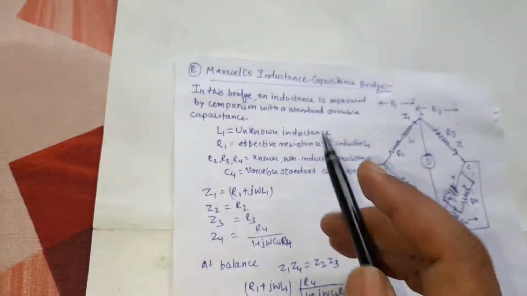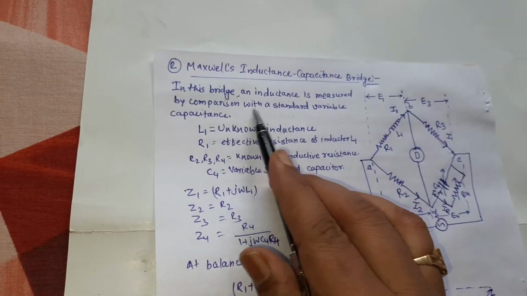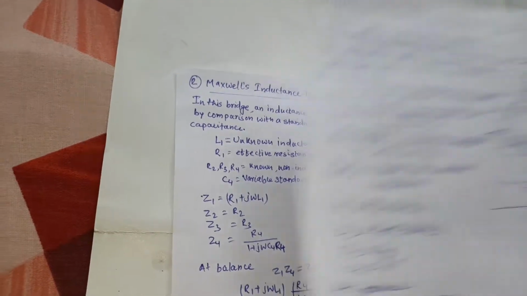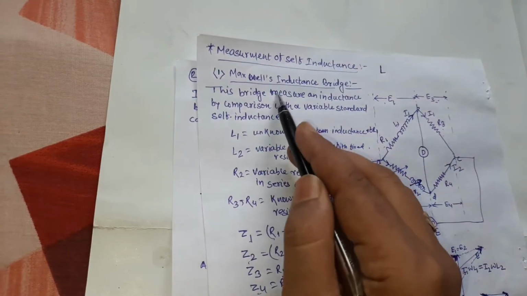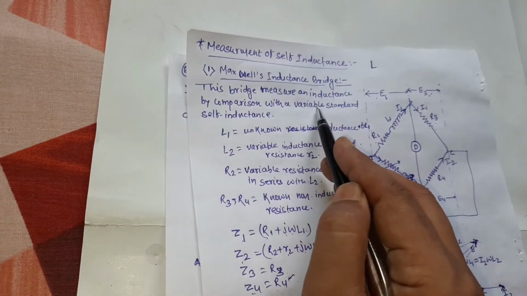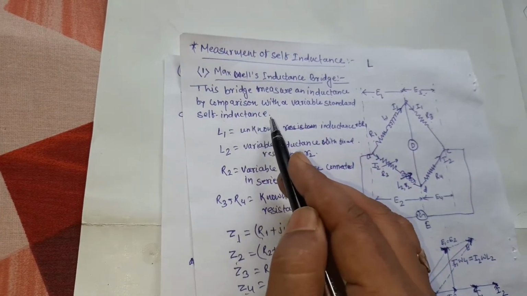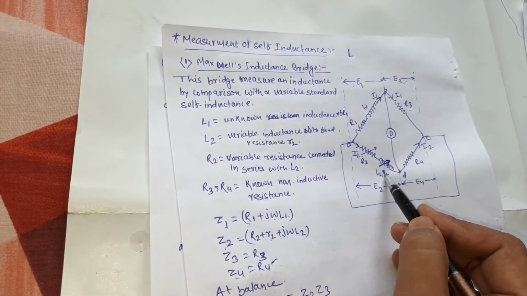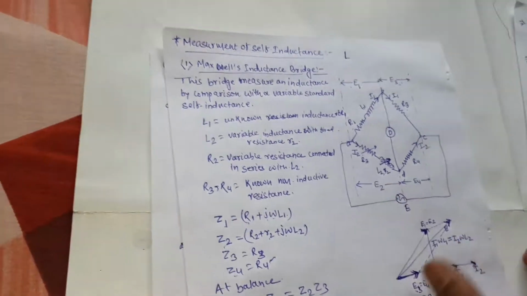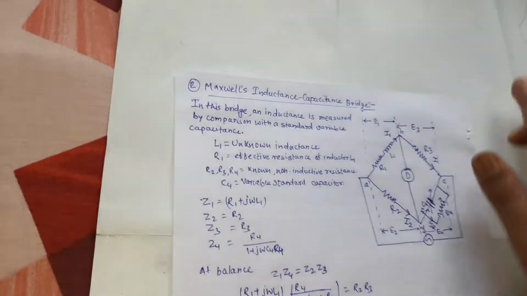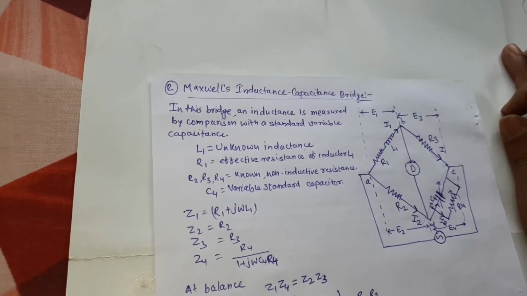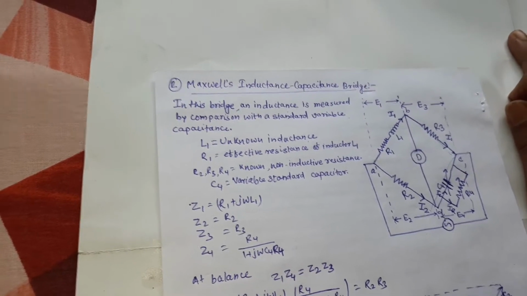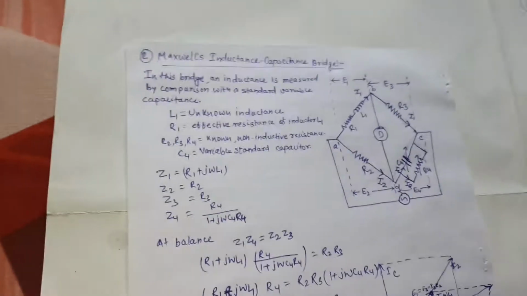In this bridge, the inductance is measured by comparison with a standard variable capacitor. In Maxwell's inductance bridge, the inductance is measured with a variable standard inductance, by varying the inductance and resistance. In the case of Maxwell's inductance capacitance bridge, the unknown inductor is measured in terms of a variable capacitor.